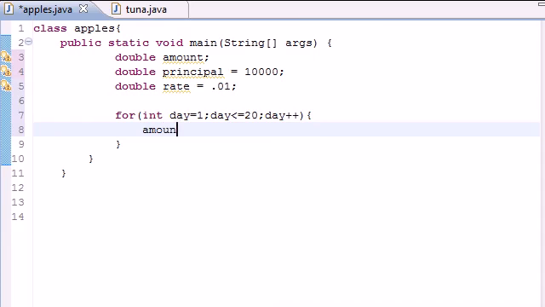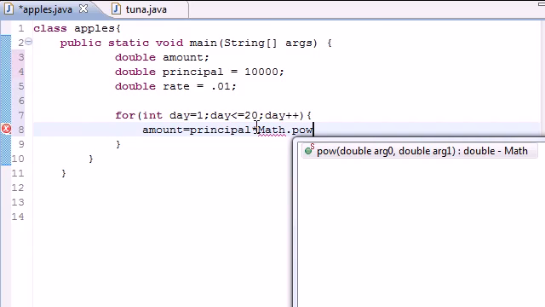We want to solve for amount, so that's what we're going to be setting it equal to, since we don't know what it is yet, but we do know the formula for it. It's principal, and make sure you type these right, principal times something to the power, and this calls for an outside method that's Math.pow. You can see right here that it takes two arguments. The first argument is what's in the parentheses, and the second argument is the exponent.